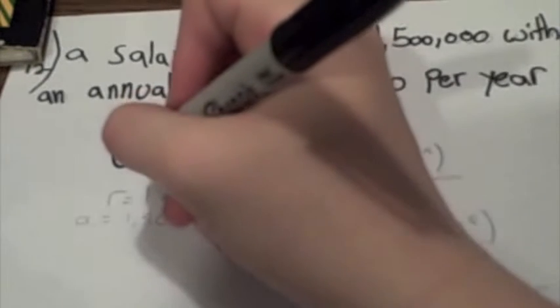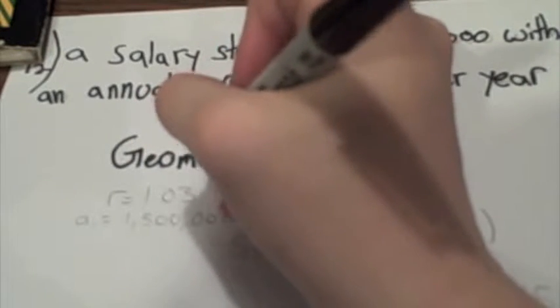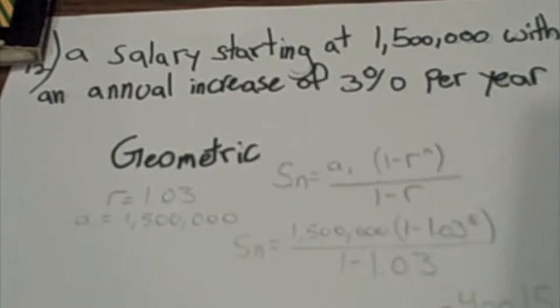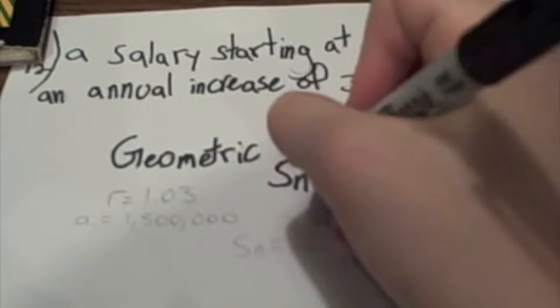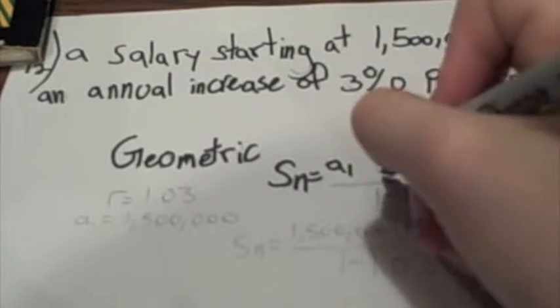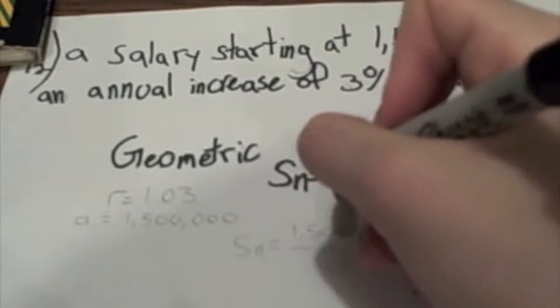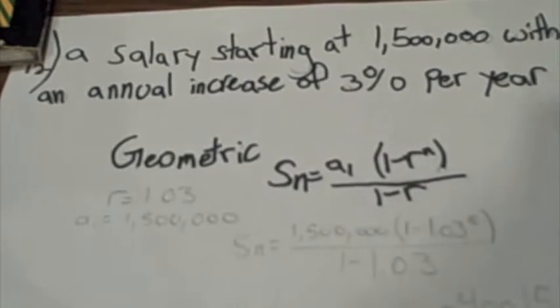For this equation, we would have to use geometric terms because we are multiplying by 1.03. For geometric, we'd use Sn equals a1 times (1 minus r to the n) over (1 minus r), with r equaling 1.03 for the percentage, and a1 equaling 1,500,000 as the salary.